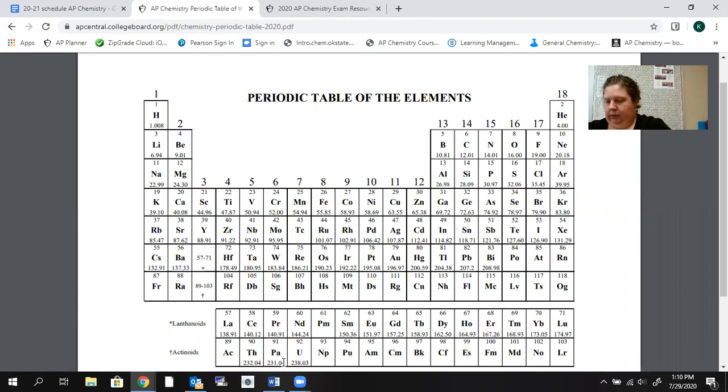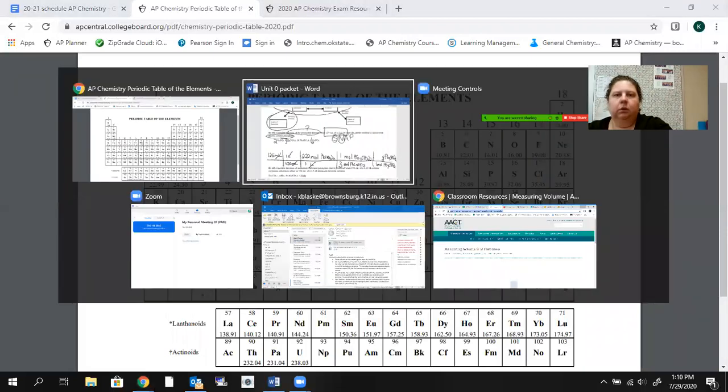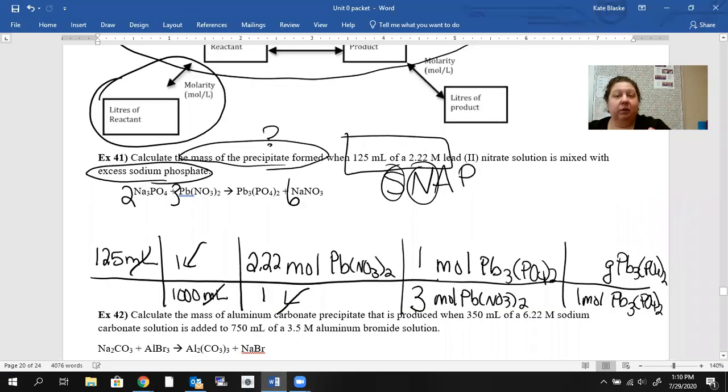Phosphorus is 30.97, and I've got 2 of them, right, because of that 2 outside of the parentheses. And then I've got 4 times 2 is 8 oxygens. Each one is 16. That's a big molar mass. It is 811.54. Remember, please do not round off molar masses.